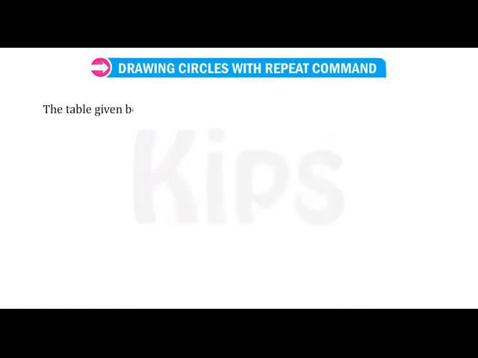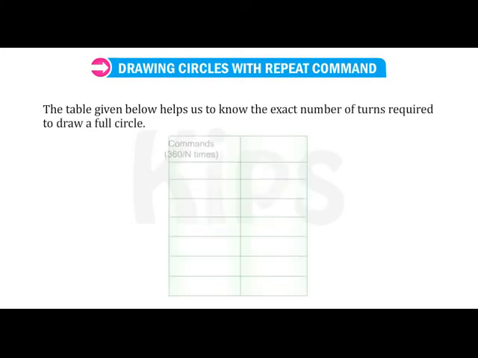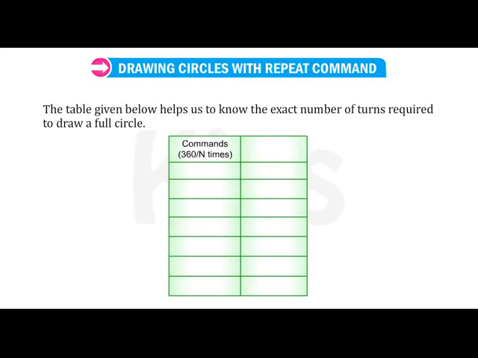The table given below helps us to know the exact number of turns required to draw a full circle. Commands: 360 divided by n times is the number of repeats. RT5, number of repeats 72. RT10, 36. RT15, 24.